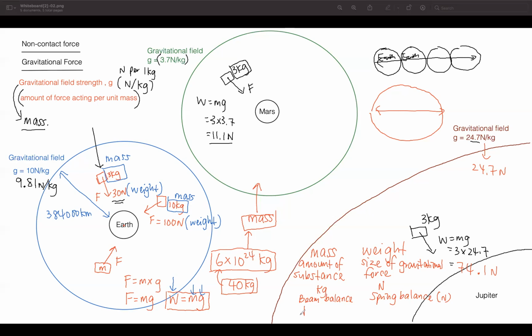Mass does not change. This one, weight, it varies, right? It changes, varies in different locations. Take note of this.